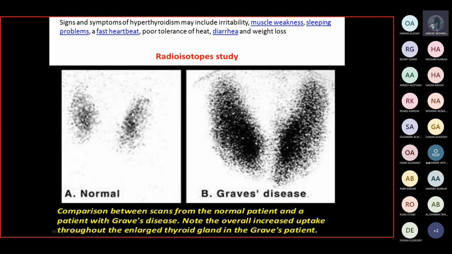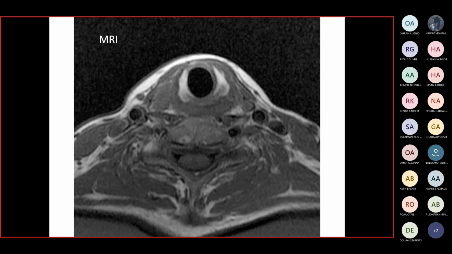Also, you have to know the normal, and this is the normal. In Graves' disease, there is increased uptake with enlargement of the thyroid gland. What is this imaging modality? MRI. Why? You see the vertebrae down below.